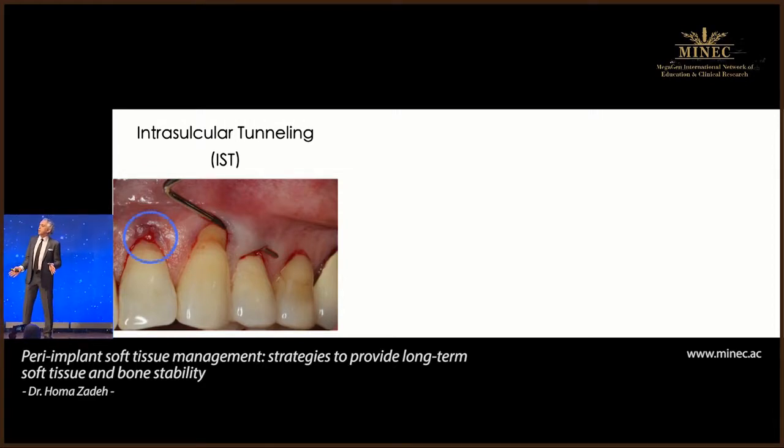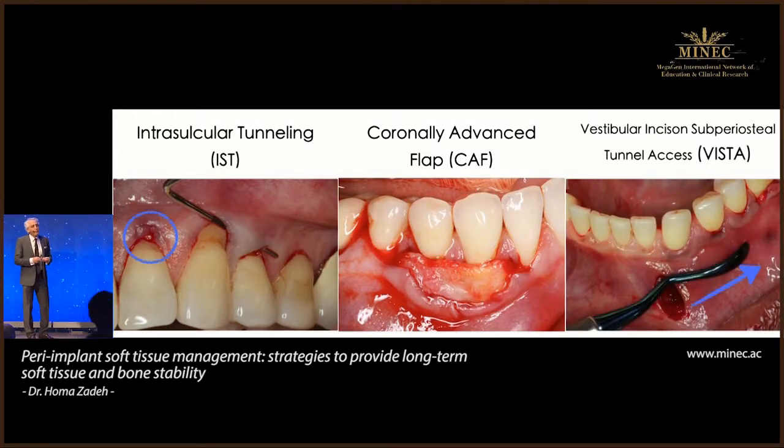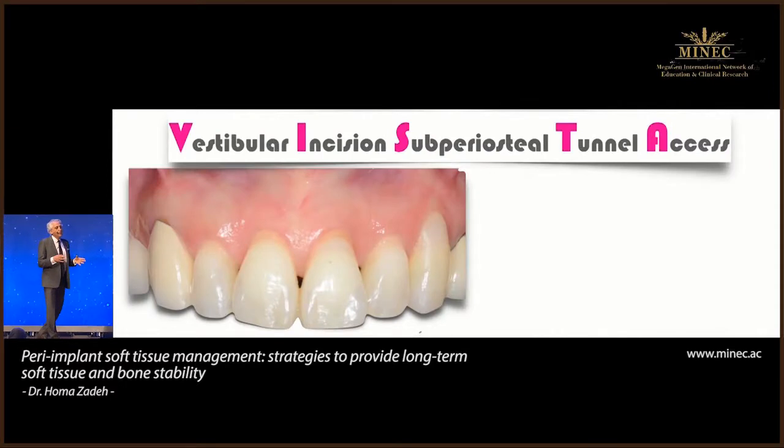There's an intrasulcular tunneling that's very frequently used around teeth. There's also the coronal advancement flap, and this has also been used around implants. And then there's a VISTA technique, which stands for vestibular incision subperiosteal tunnel access. So first, I'll describe how these techniques work around teeth, and then I will describe them around implants for you.